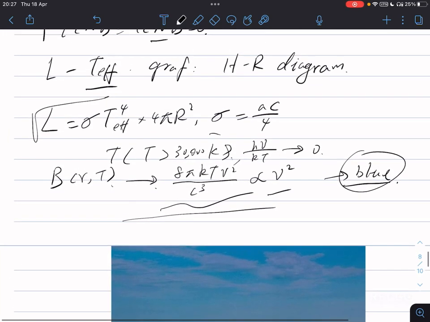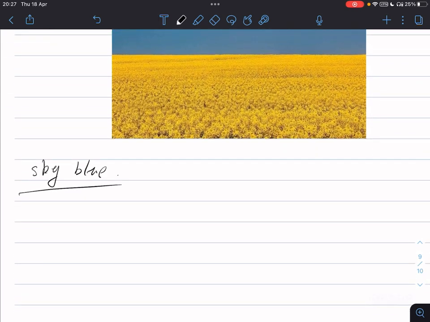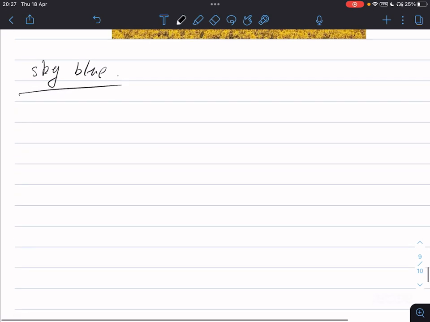So we have discussed the color and the effective temperature of stars, based on which we can classify the stars and set some types of star.